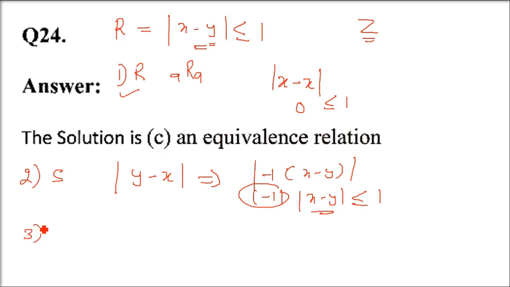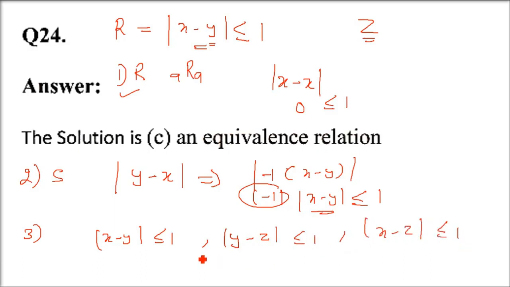Third is transitive. |x minus y| is less than or equal to 1, and I'm introducing one more, (x,y) and (y,z): |y minus z| is less than or equal to 1. Whether |x minus z| is less than or equal to 1. So we have to apply a trick here. I'm just giving an idea.